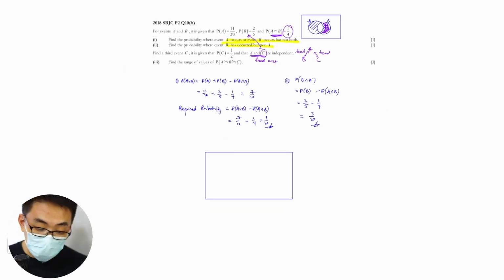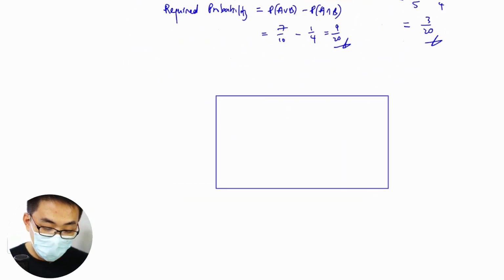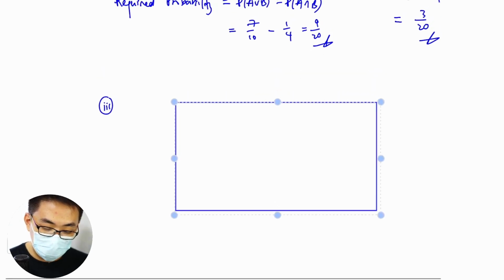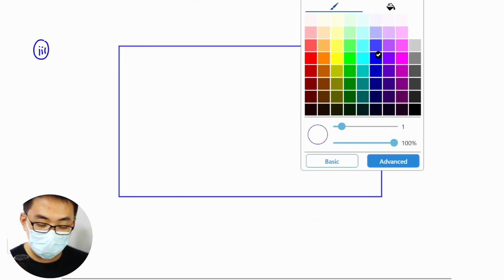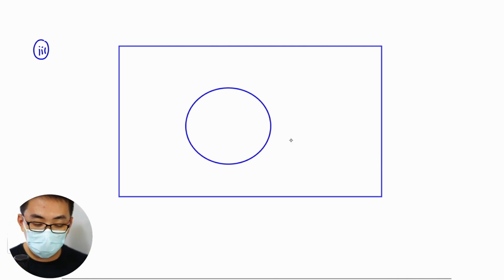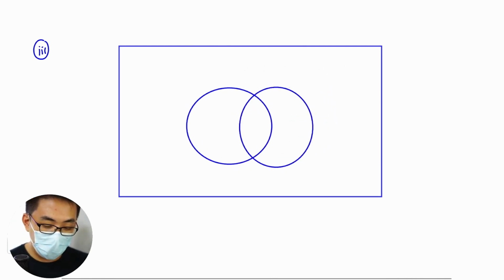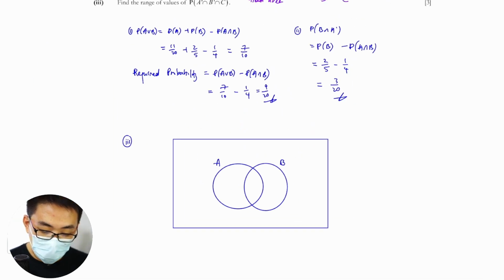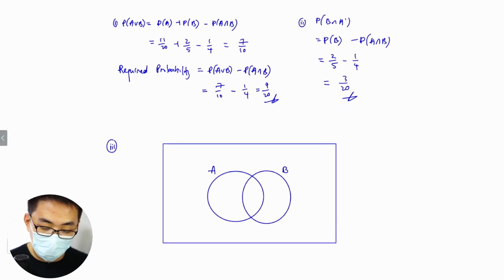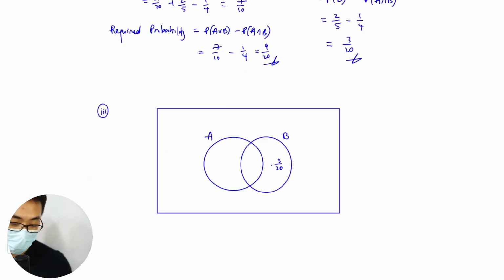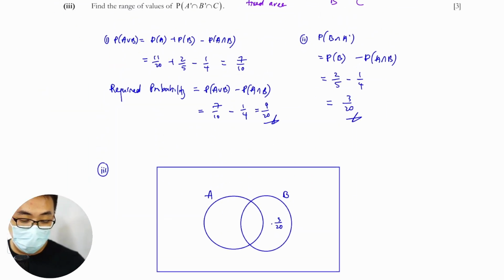What I usually recommend for this case is you draw out A and B first. You don't care about C first. You bring C later into the picture. So we use what we had just now. A and B here. B intersect A prime would be 3/20.